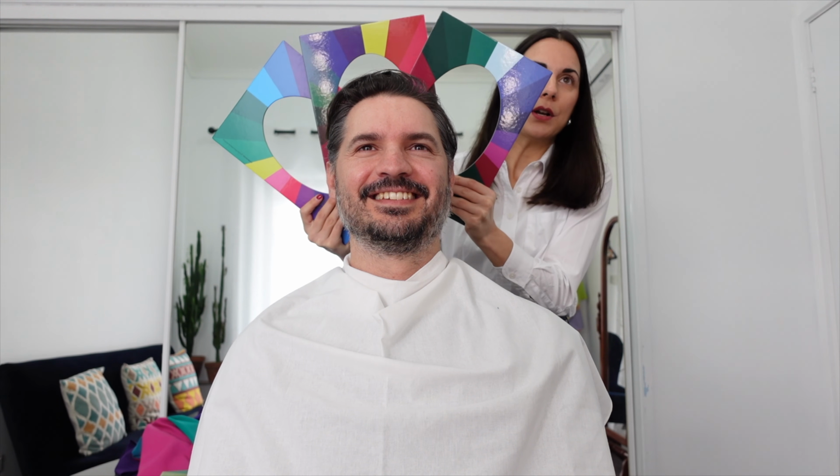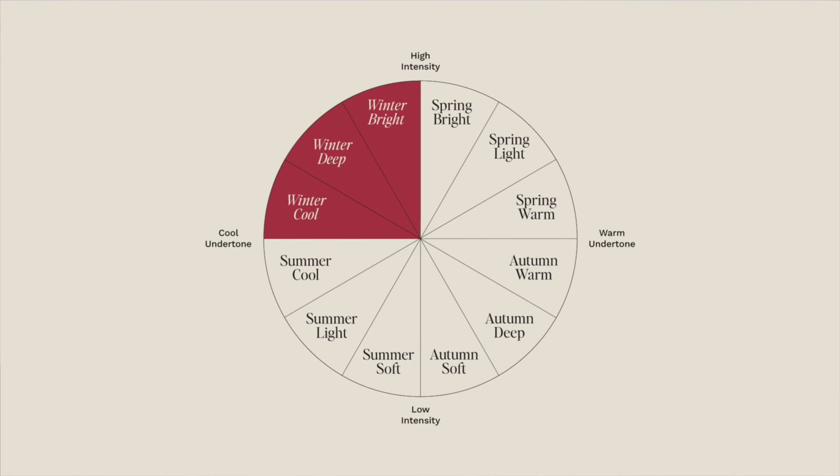Okay, so you are an example of a person who can use Winter Cool, Winter Deep and Winter Bright without having a strong preference for one subgroup. Okay, so you pretty much access all of the colors from the winter palette in the same way. Here it is. This is the true winter palette. So it's a mix of Winter Cool, Winter Deep and Winter Bright.